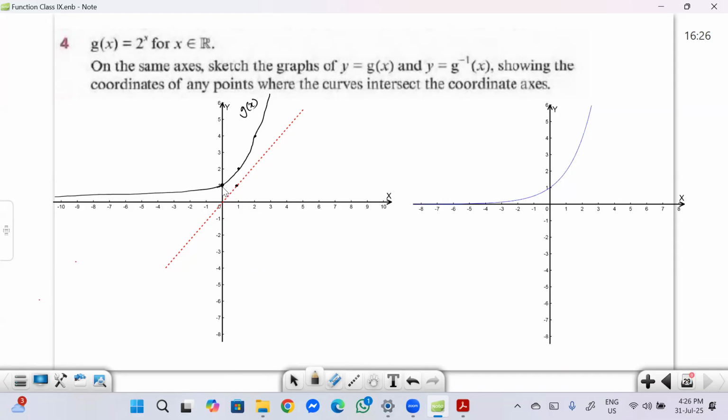So where to reflect? (0, 1) will reflect to (1, 0). (1, 2) will reflect to (2, 1), definitely. And (2, 4) will reflect to (4, 2).